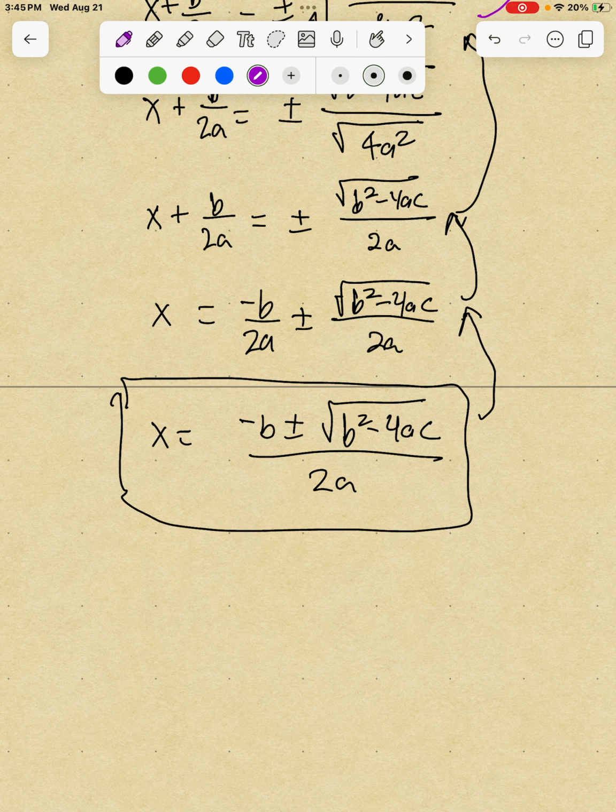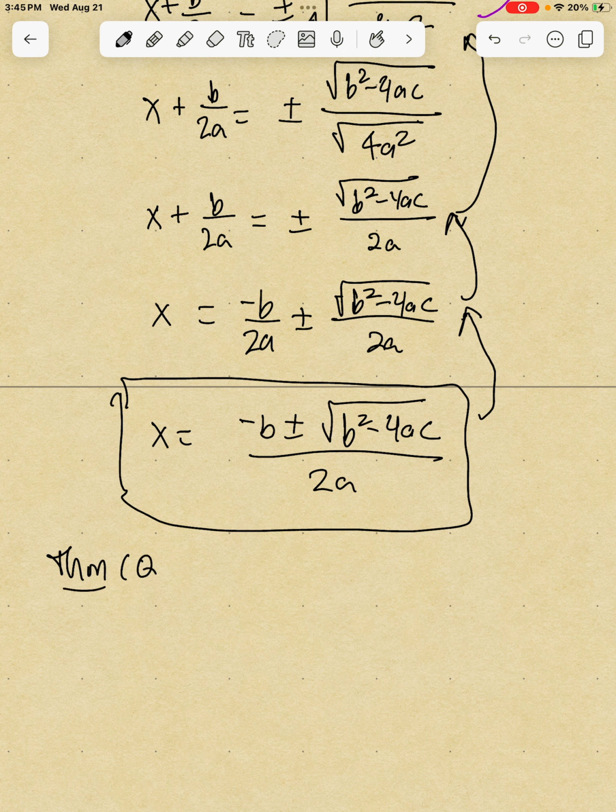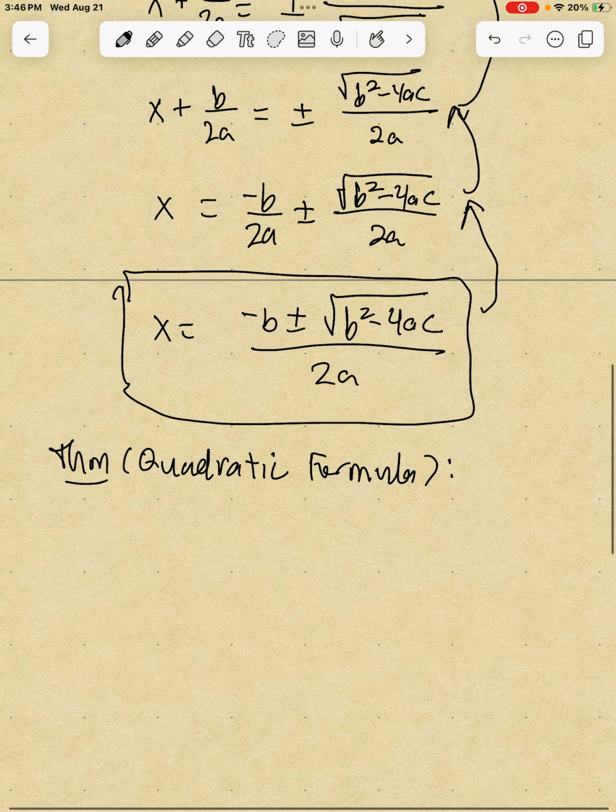So the theorem, the quadratic formula, is to solve the following.